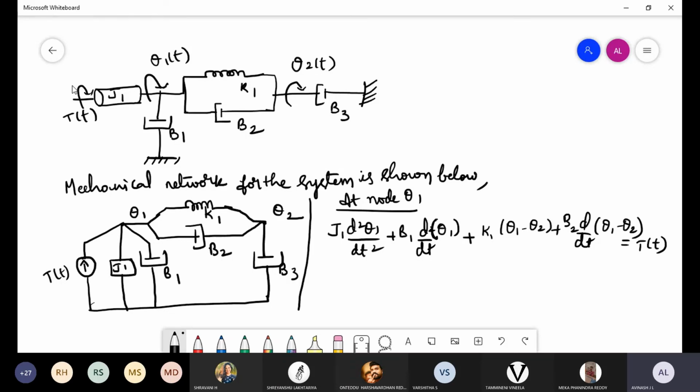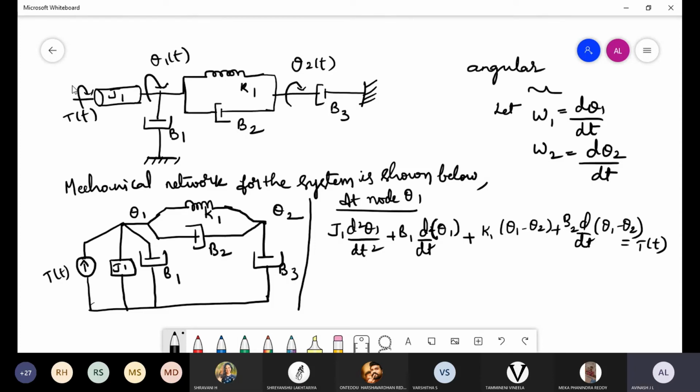So now the torque angular velocity equation we need to write. Let omega 1 equal to d theta 1 by dt. Omega 1 is the angular velocity, and theta 1 is the angular displacement. Omega 2 equal to d theta 2 divided by dt, this is angular velocity.